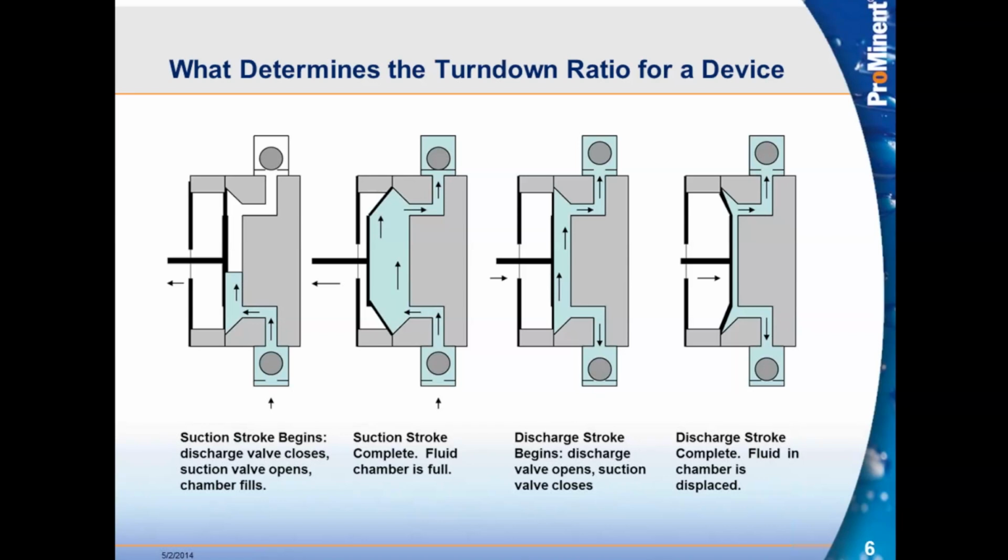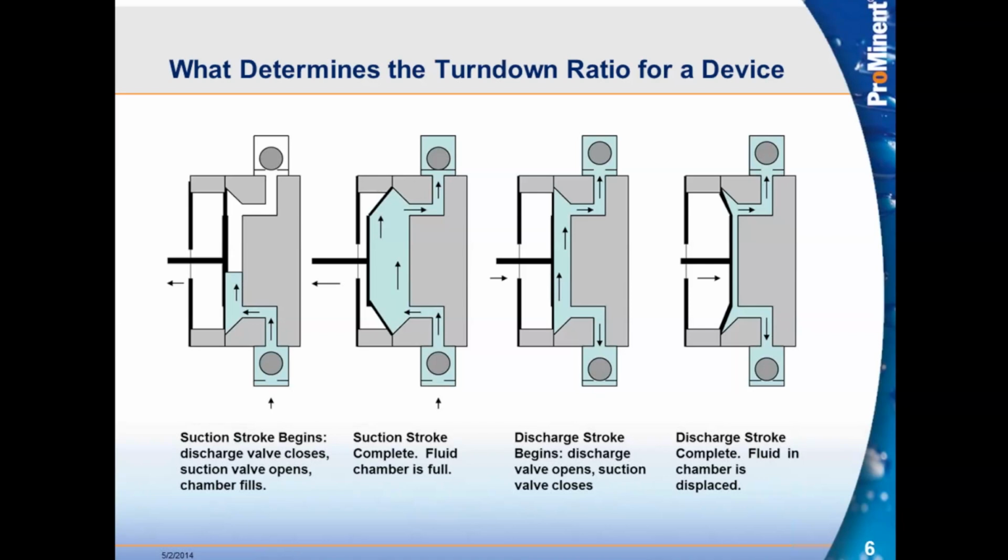Now on that, we have 2 different adjustments. We can limit how far we're pulling that diaphragm back, and usually most of the pumps are using a spring to pull the diaphragm back. So we can limit how far that's going to pull the diaphragm back, which in essence limits the size of that cavity.